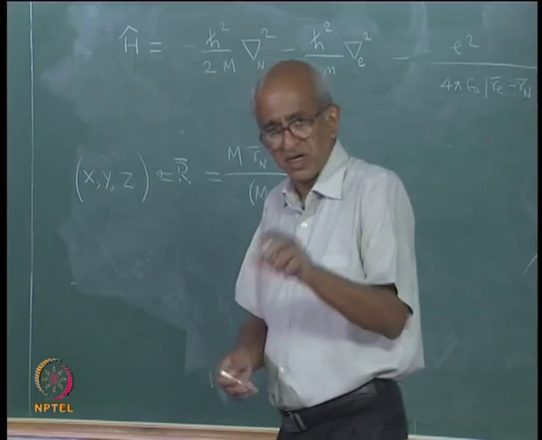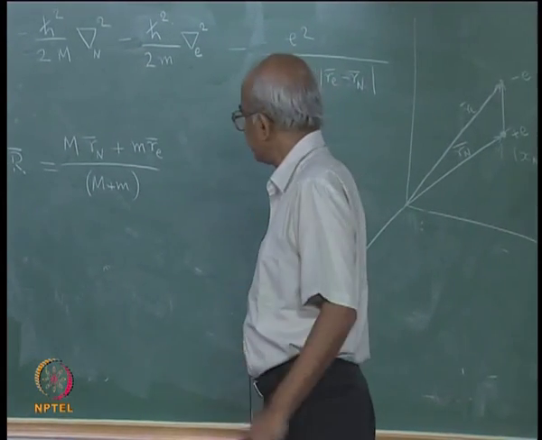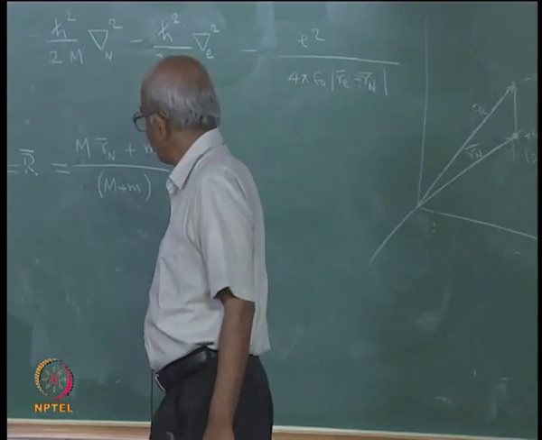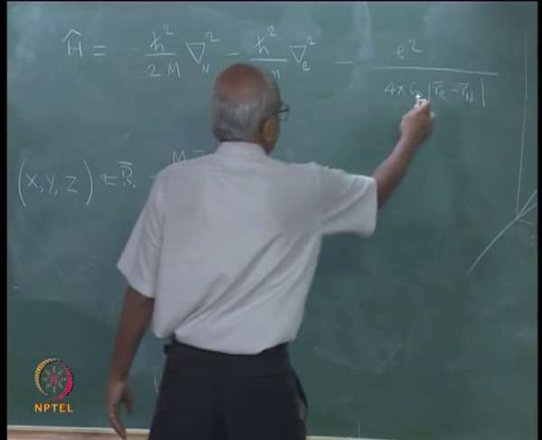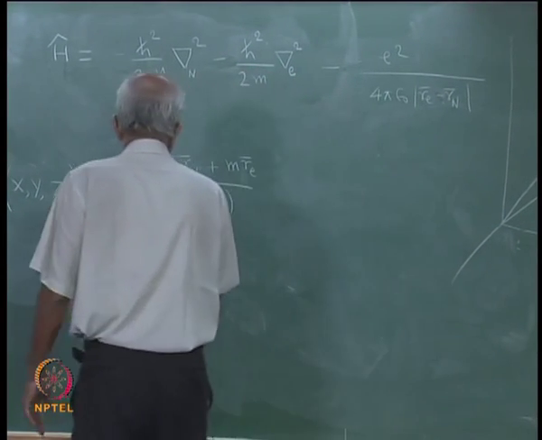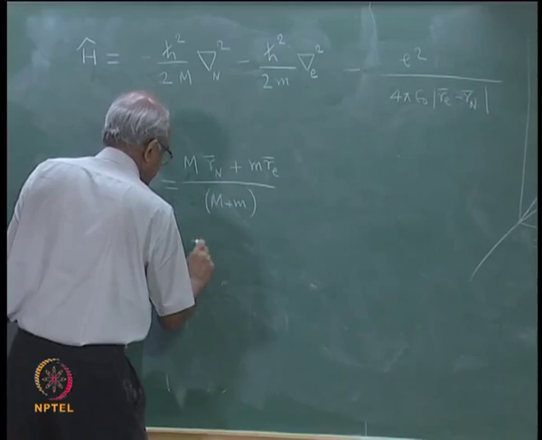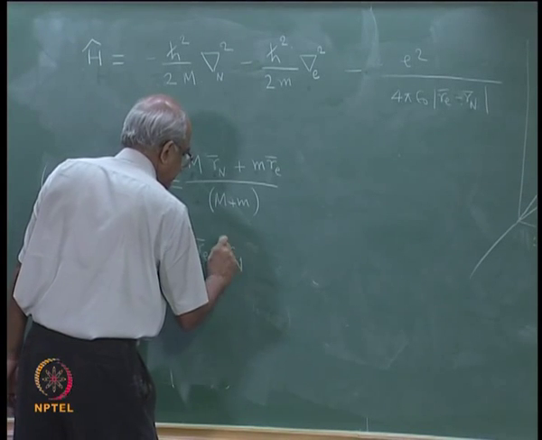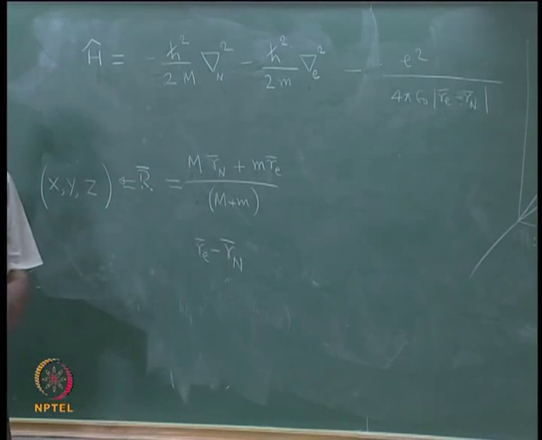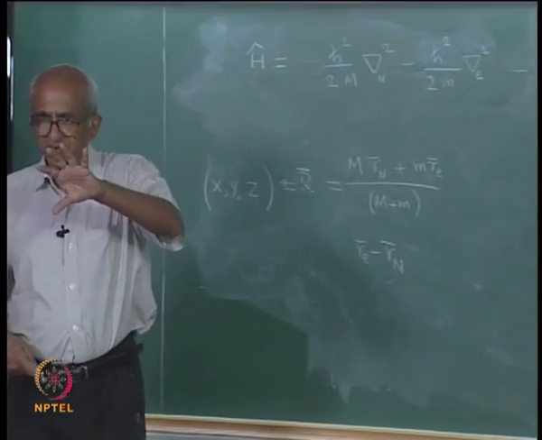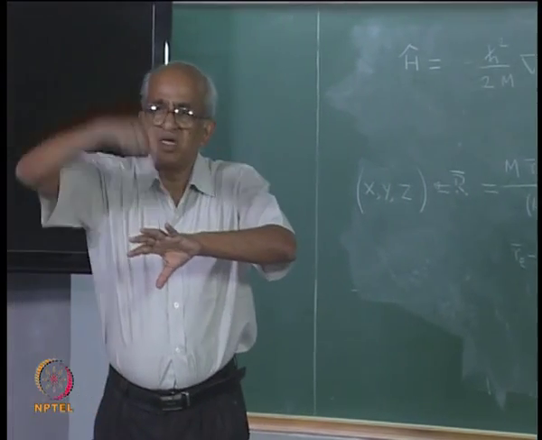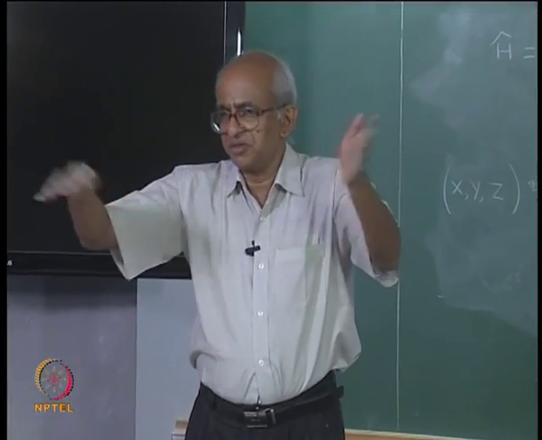Then I want to describe relative motion. How will I do that? Relative motion is easy. All that I need to do is, you see, Re minus Rn is changing, correct. Relative motion means Re minus Rn, that vector; the electron is going away from the nucleus, or the distance between the two is changing.